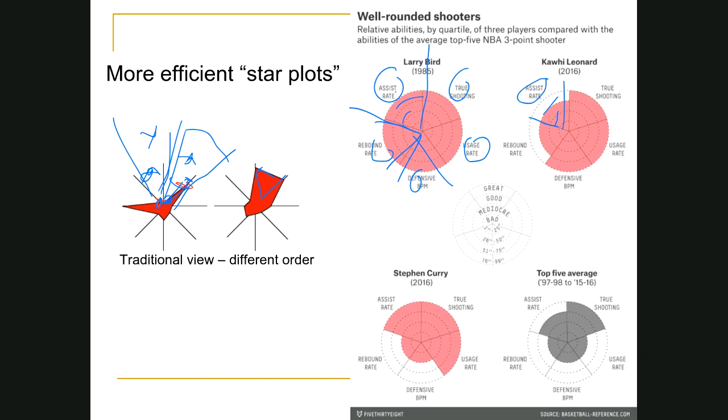Instead of having a lot of white space in between the axes, that space is used, and what I do is just color it. So you can see the average, top 5 average people, how they look, and you can see how Stephen Curry is different from the other ones. It's using more color. It's almost going against Tufte on this.